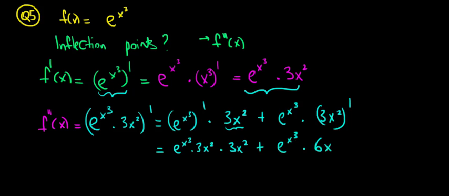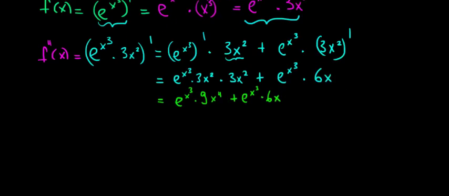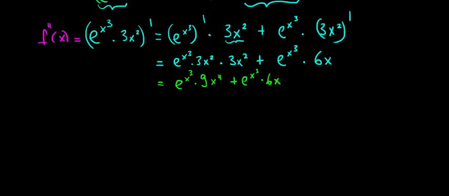Okay, let's see where we're going. That's equal to e to the power of x cubed times 3 times 3, that's 9, x squared times x squared, that's x to the power of 4, plus e to the power of x cubed times 6x. Okay, what common term do we have here? We have e to the power of x cubed as a common term. Let's take it as a common factor.